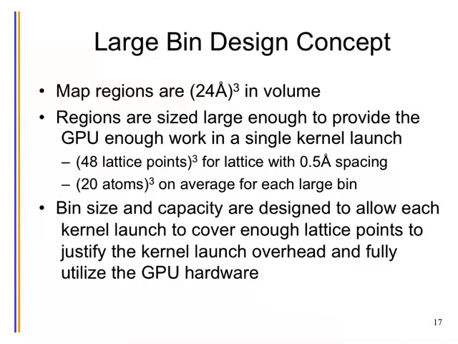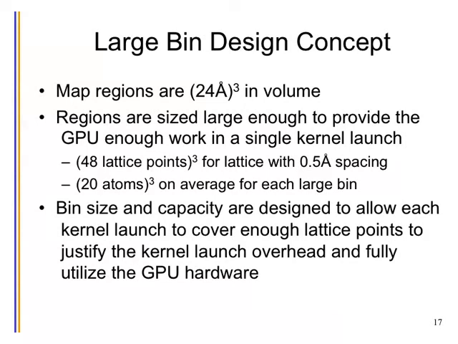So a couple quick calculations. If we use 24 angstrom cube in the volume, that means that for half an angstrom grid spacing, which is typically what they use, you're calculating 48 lattice points cube in your kernel, which is a lot of lattice points.